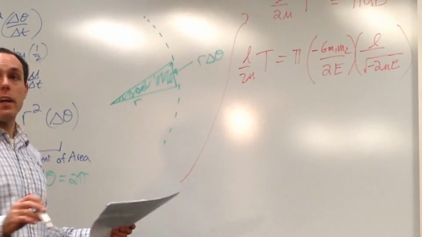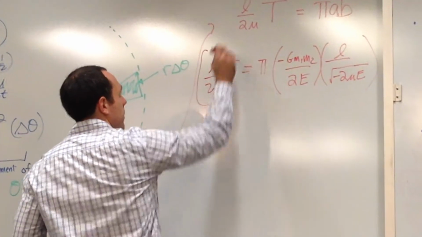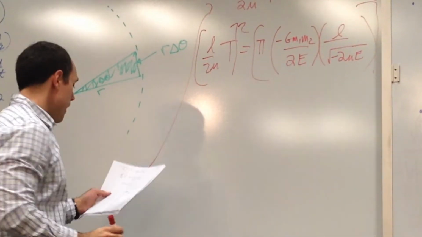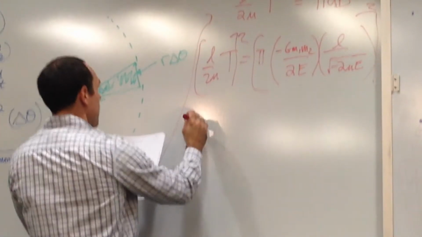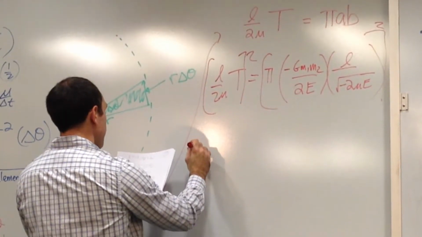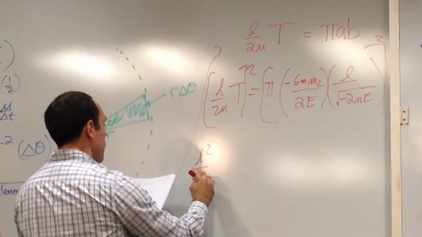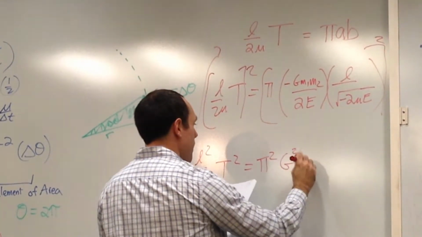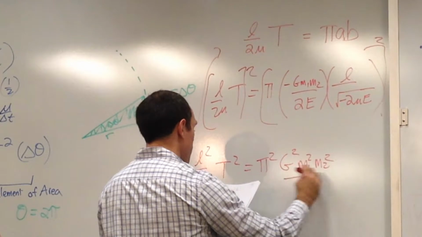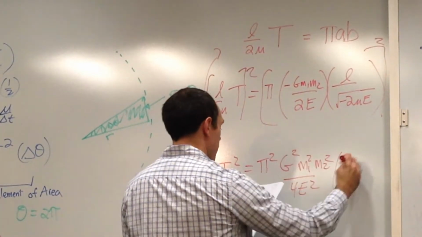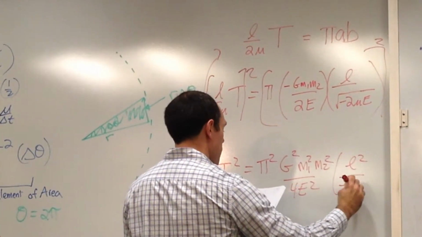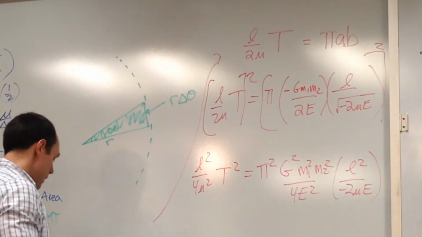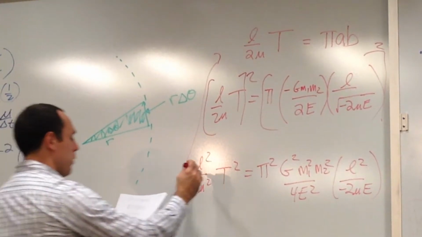And now I'm going to square both sides. By squaring both sides, what I get is L squared over 4 mu squared times period squared is equal to pi squared G squared m1 squared m2 squared over 4E squared times L squared over -2 mu E. I do that because notice there's an L squared on both sides.